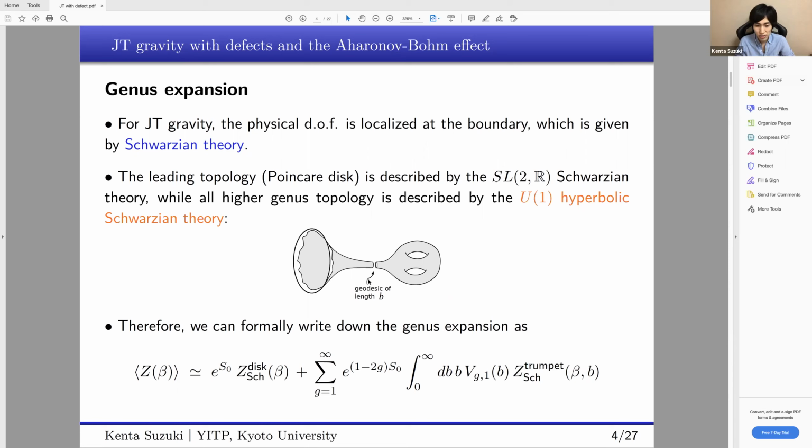And we artificially cut it here. So the parameter b is the geodesic length of this cut. So we have to integrate over all possible b, which is a positive real number. And this measure factor b comes from basically twisting these two holes relative to each other.